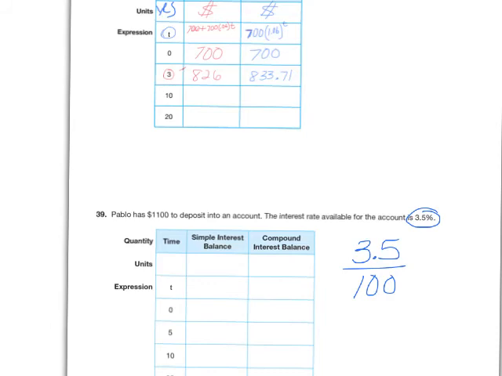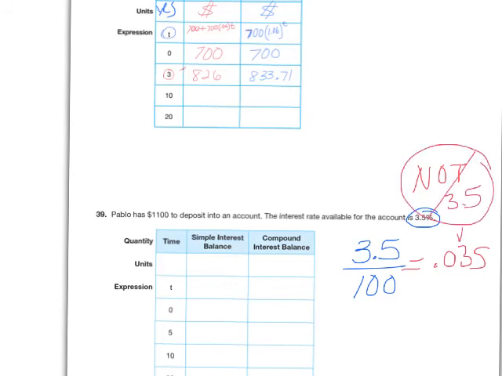That'll give me 0.035. Okay. Not 3.5, okay? It's actually, you move the decimal point twice when you divide by 100. That'll be your R, your rate.